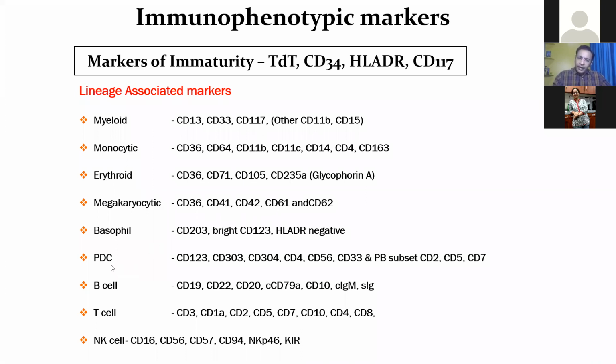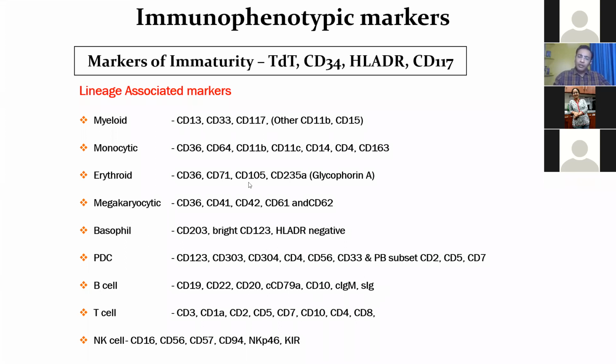For plasmacytoid dendritic cells, for example in BPDCN, we use CD123, CD303, CD304. For B cells, we use CD19, CD22, CD20, CD79a, CD10, and also immunoglobulins like surface light chains, kappa and lambda.